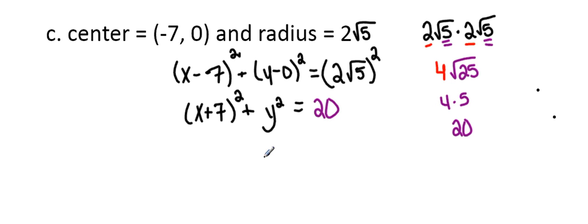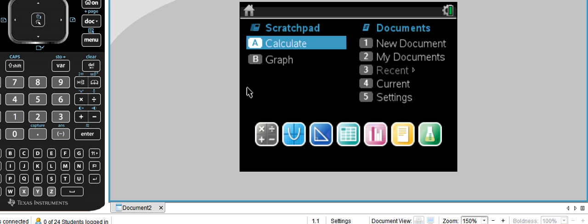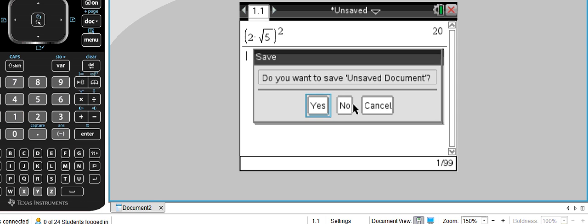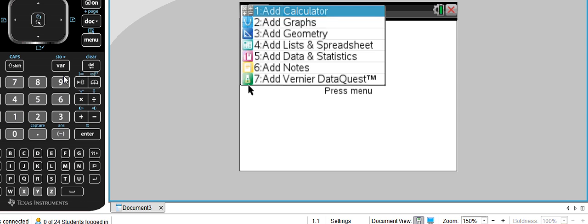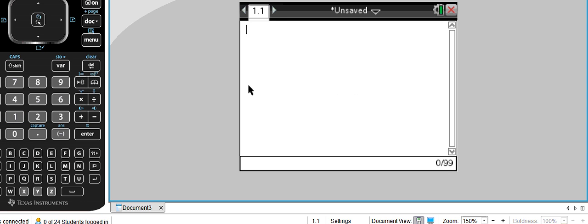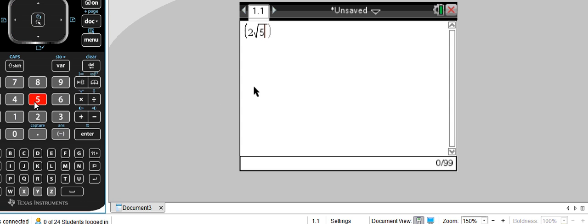If you don't trust your algebra skills, dig your calculator out of your backpack, and you can type into your calculator 2 root 5 quantity squared. The only piece of cautionary advice I'm going to give you is that if you're going to use your calculator to do this, you need to make sure that you put the number that you're squaring, in other words the 2 root 5, inside parentheses.